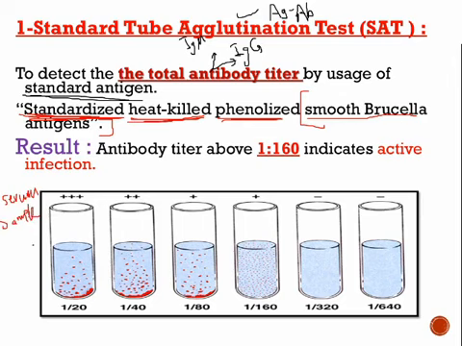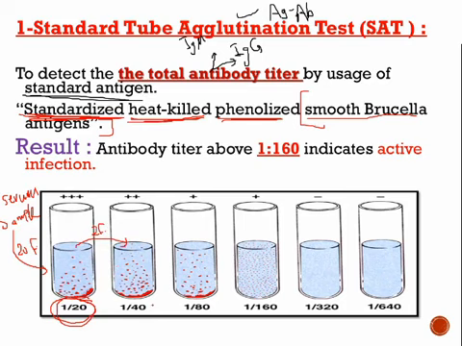Now I will dilute this serum sample 20 folds, so I get a dilution of 1/20. So the concentration of the antibodies in the serum sample after 20-fold dilution is 1/20 of the initial concentration in the serum. Then I will make 2-fold serial dilution.